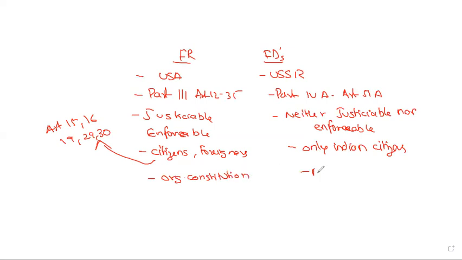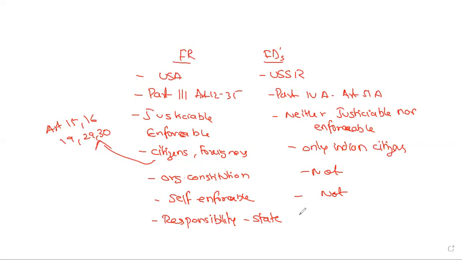This was not embedded in the original constitution. These are self-enforceable. These are not self-enforceable. Then the responsibility of the fundamental rights, to protect the rights of citizens, is on whom? The responsibility to protect their rights is on the state.